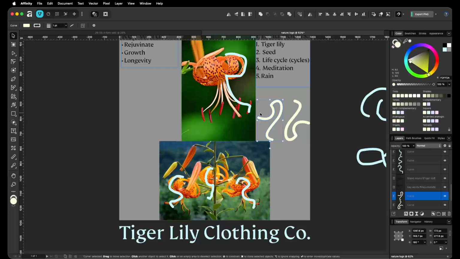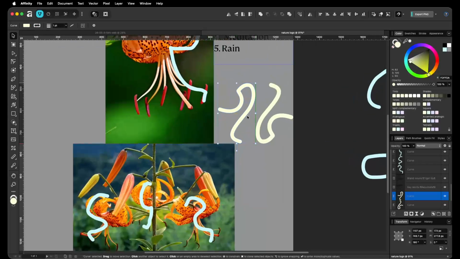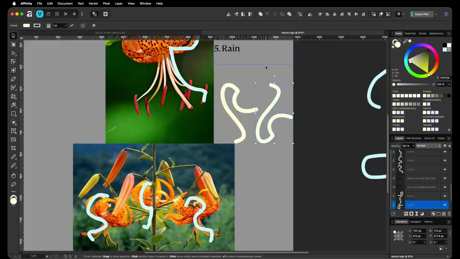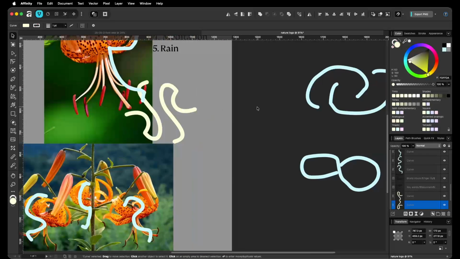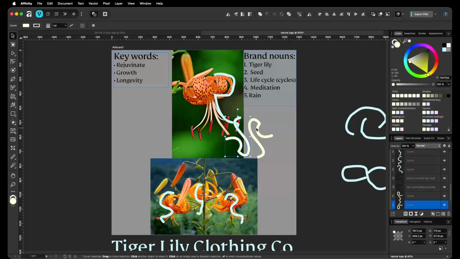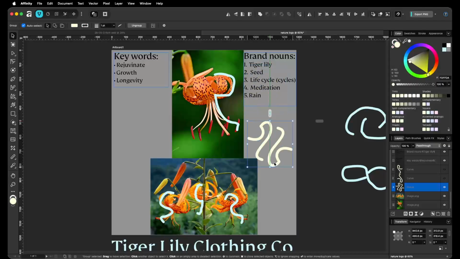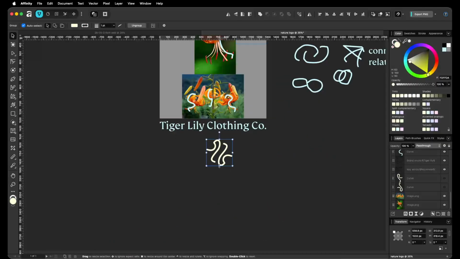And then I will balance this and I'll tweak it to try and make it look right, because the spacing and the balancing doesn't quite fit, so I would probably flip this and that. And I'll just work on this until I find something that I like, which I've actually already done, and it's right here. So this was the logo that I ended up coming up with for Tiger Lily Clothing Co.